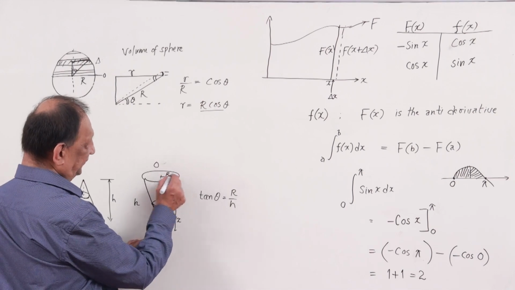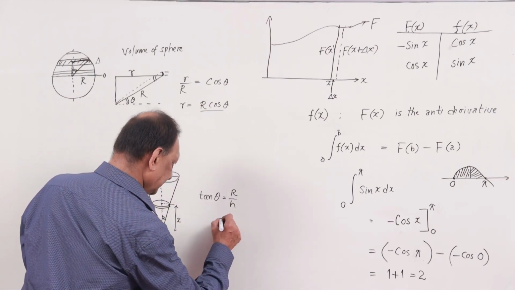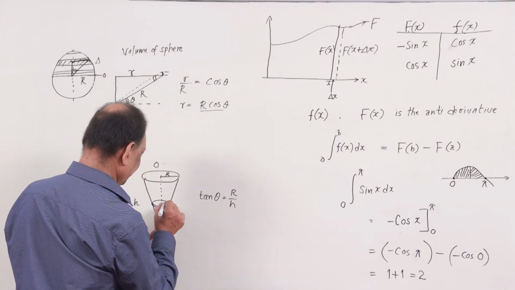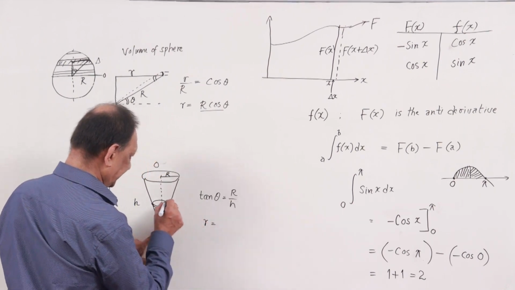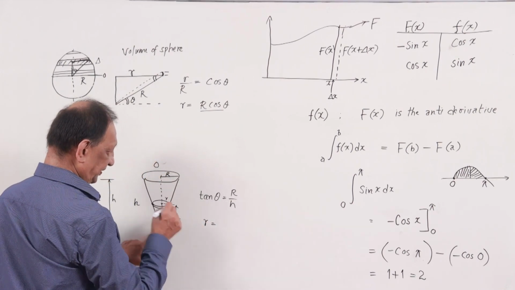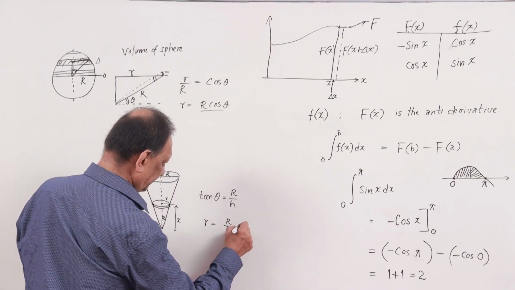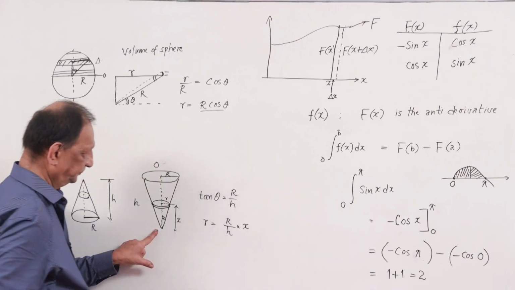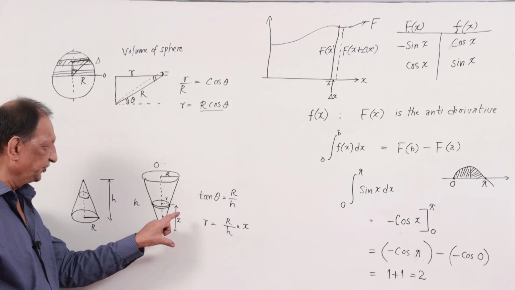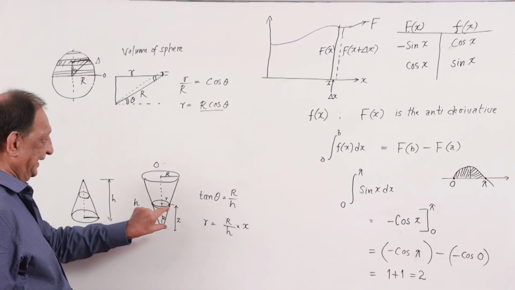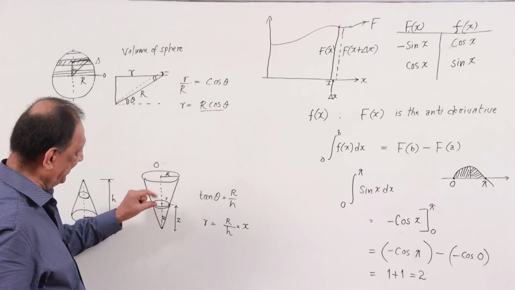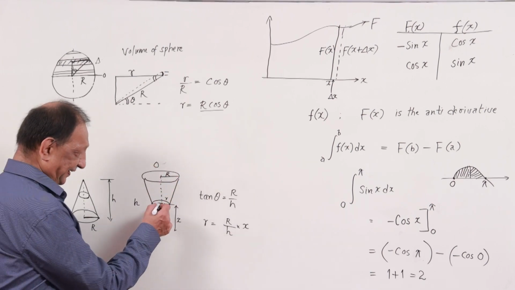At a height capital H, it is capital R. So this radius, lowercase r, the radius of this small disk, will be capital R by h multiplied by x. Ratio of x by h is the same as r by R. There are similar triangles here.